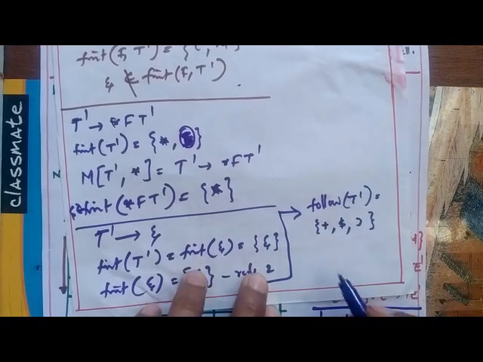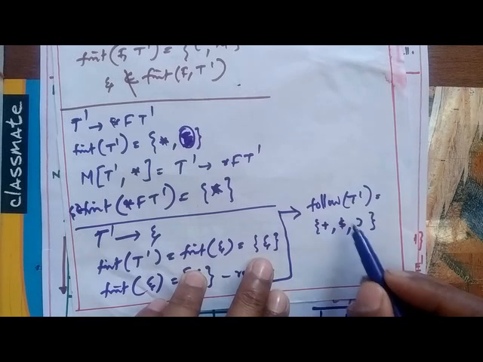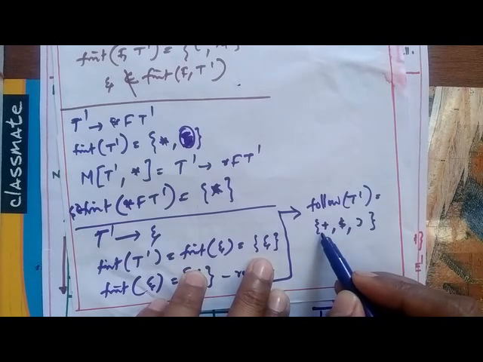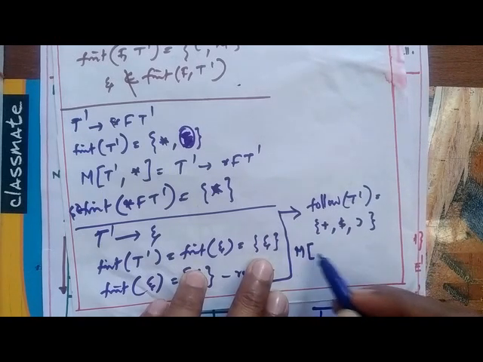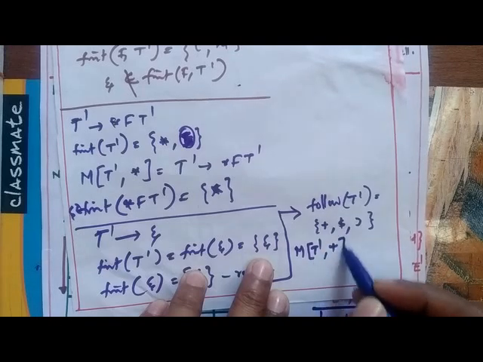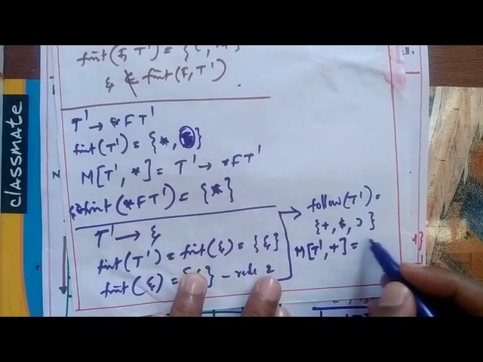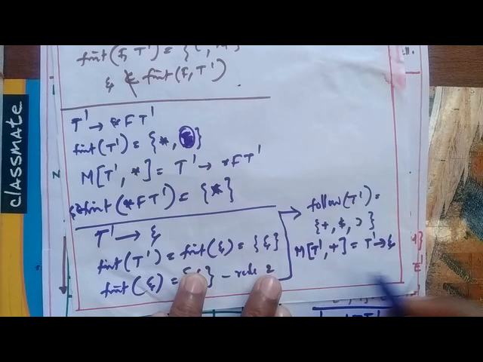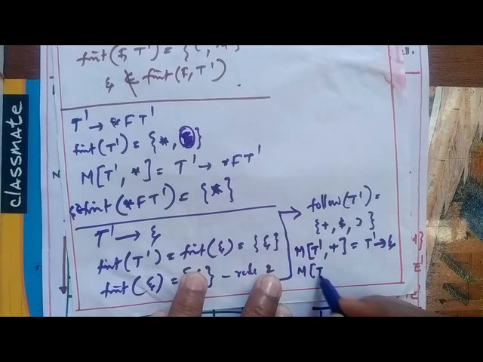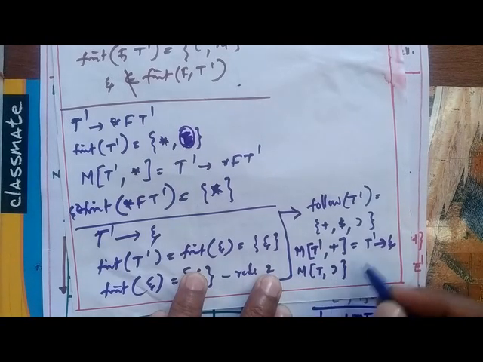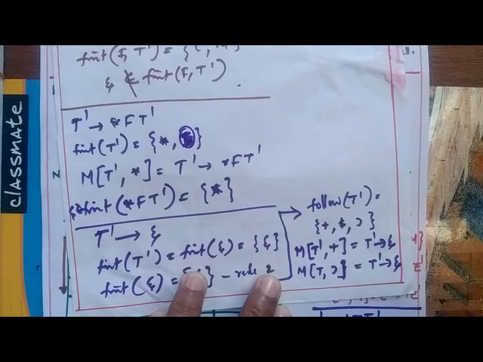Three members are there. So first we will accept this dollar and add these entries. M of T dash plus contains T dash gives epsilon, M of T dash right bracket also contains T dash gives epsilon.